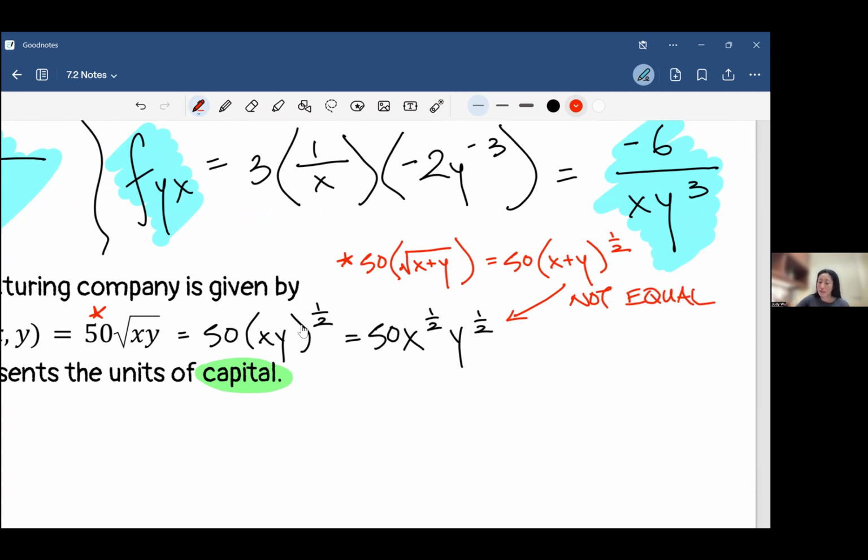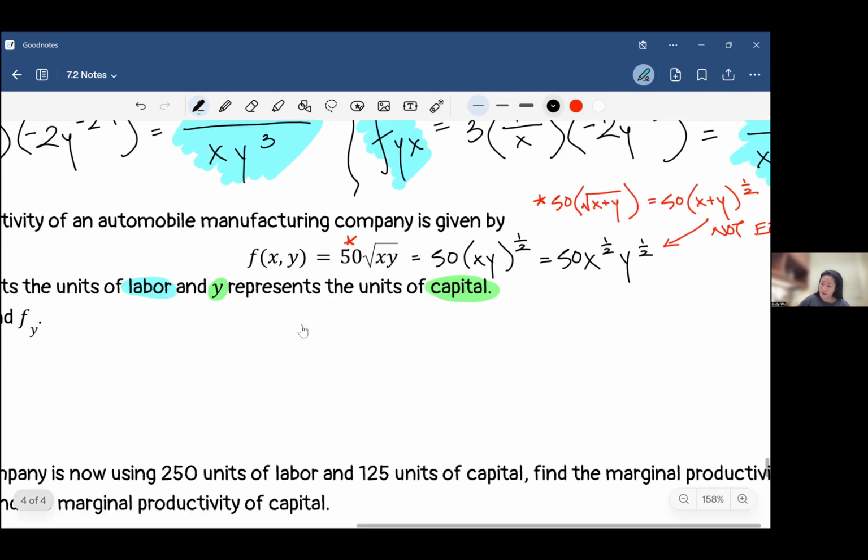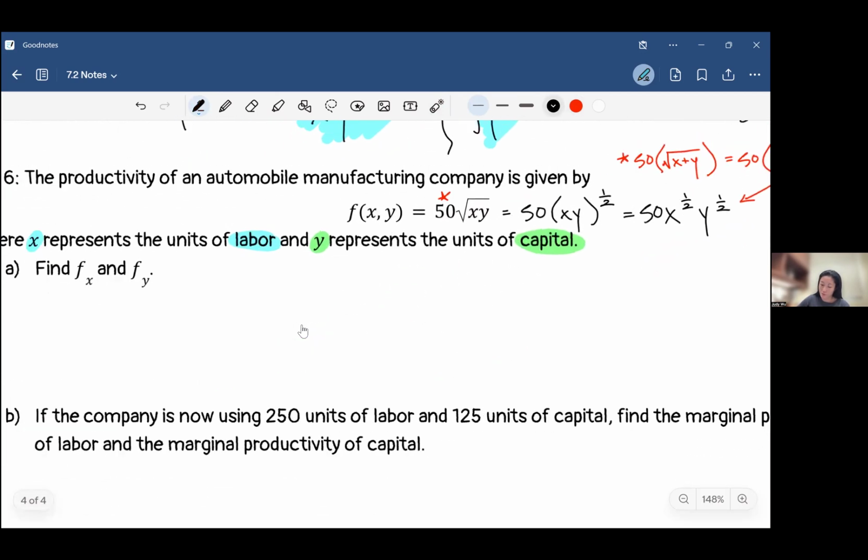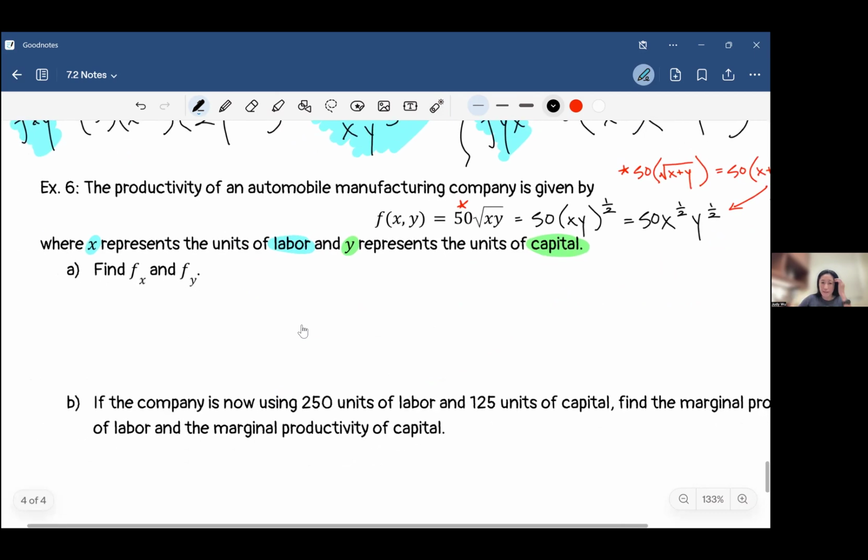Okay, so the moment we have a plus sign, that actually complicates our lives a little bit. We want to really look for that multiplication so that we can rewrite it this way. All right, so now that we've done that algebra pre-work, let's answer the question.